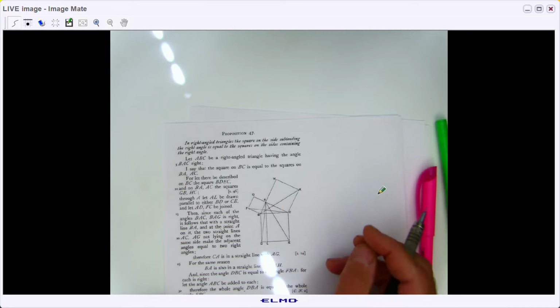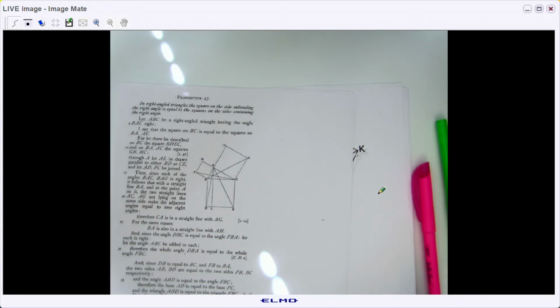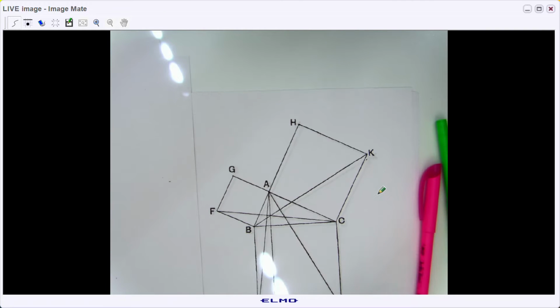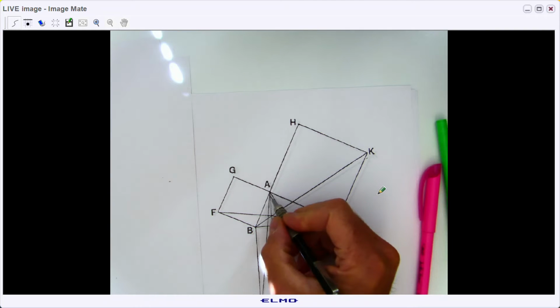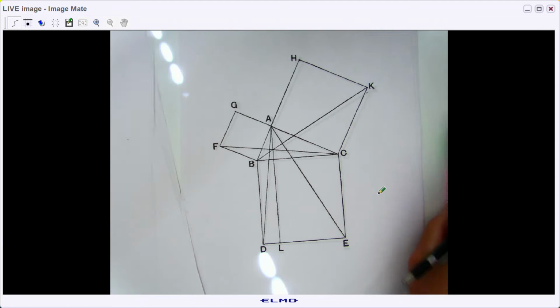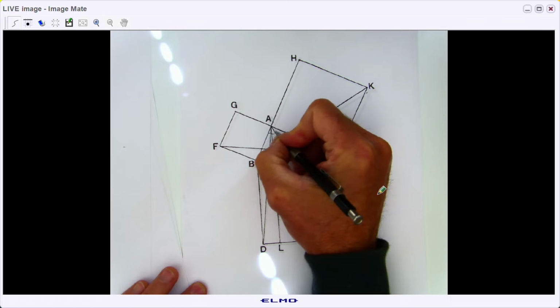So let's get to the proof. He says, let ABC be a right-angled triangle having angle BAC right. The first thing we should notice is that he's calling this angle right here the right angle, so we could note that.